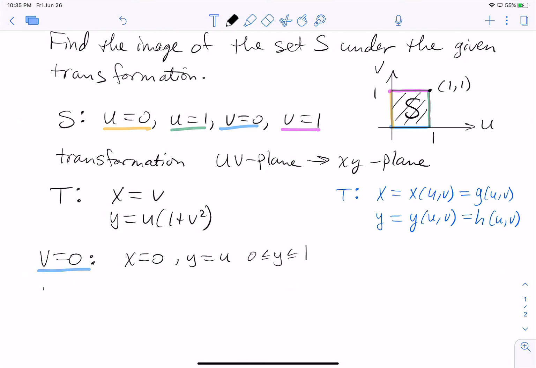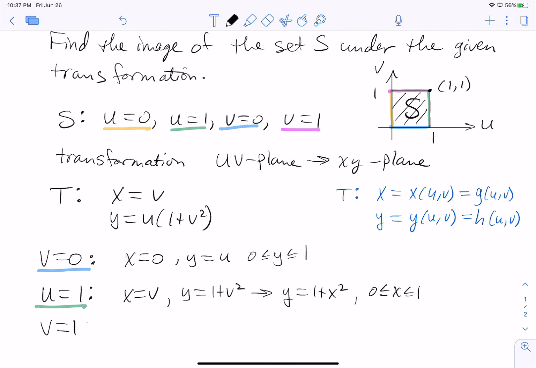Now let's consider what happens to the boundary u equals 1. Since we know that x is equal to v, if u is equal to 1, then y becomes 1 plus v squared. The result of those two combined is that y equals 1 plus x squared. Since x is v and v goes from 0 to 1, x goes from 0 to 1.